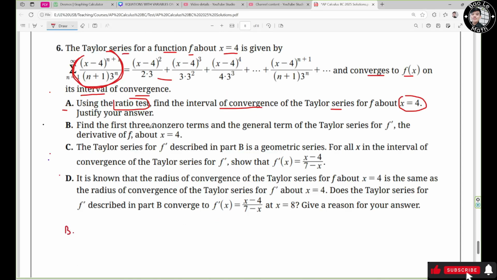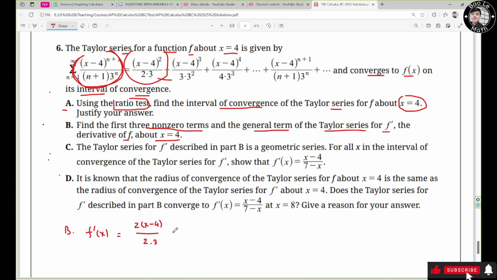Find the first 3 non-zero terms and the general term of the Taylor series for f prime, the derivative of f, about s equals 4. So basically, you just take the derivative of this one. So we have f prime of s is going to be the derivative of this one, bring 2 to the front, so we have 2 times (s minus 4) to the power of 2 minus 1, which is 1, so we don't need to write it, over 2 times 3.